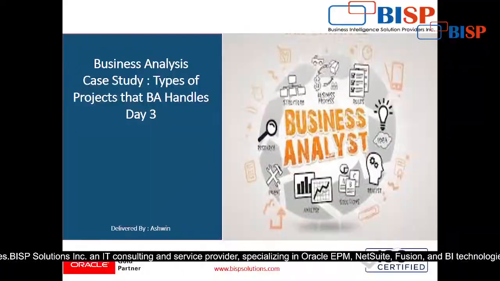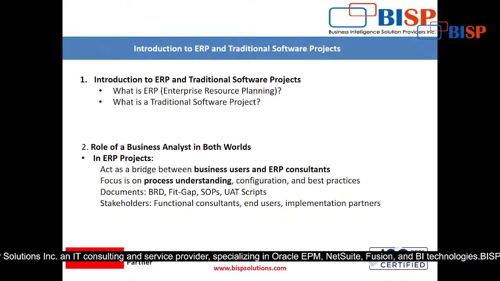Now see, introduction to ERP and traditional software projects. These are the two types of projects that a BA handles. ERP projects and traditional software projects are totally different. They are not the same.